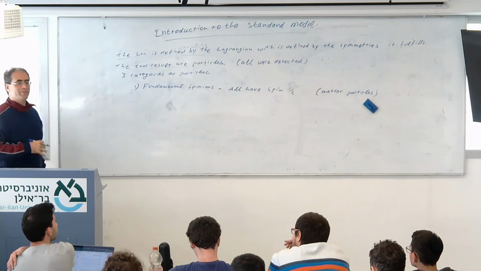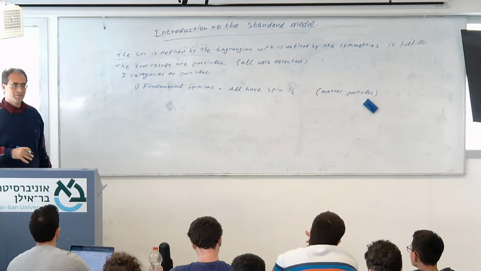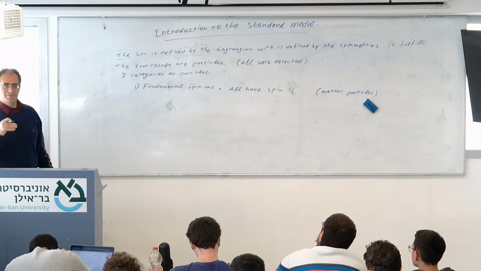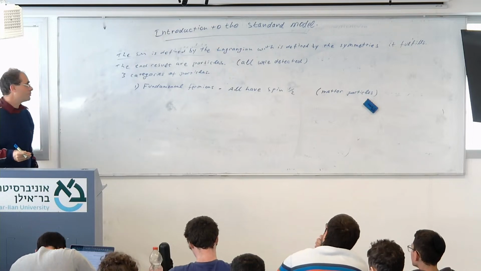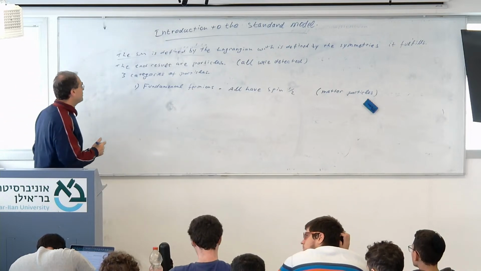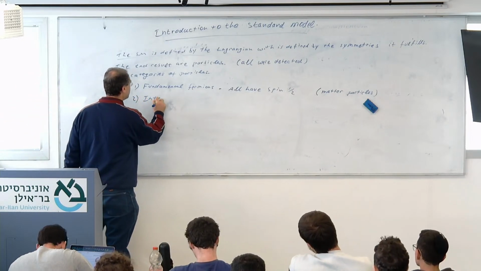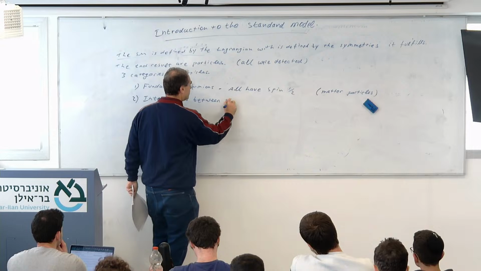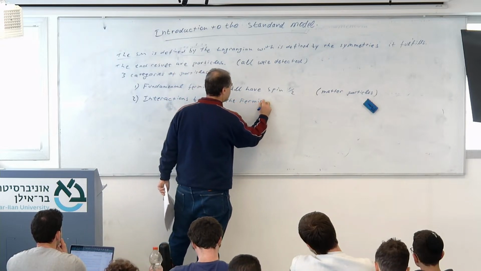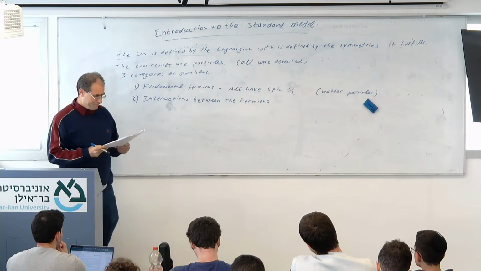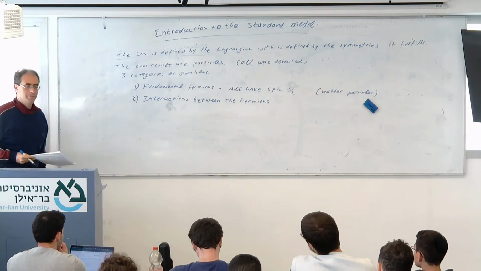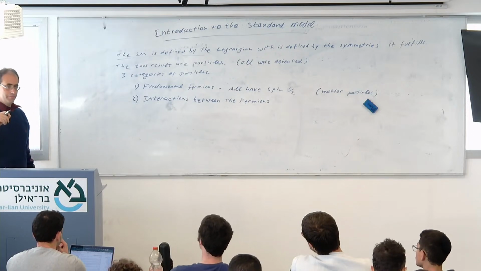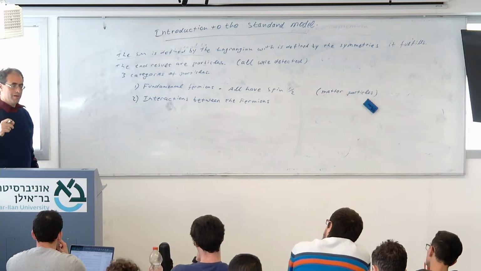Okay, so we have the fundamental particles, which are all fermions. Then we have interactions, right? If we want something interesting to happen, then we need interactions between the particles. So interactions between the fermions come because of several symmetries, and they are transmitted by other particles, by spin 1 bosons.